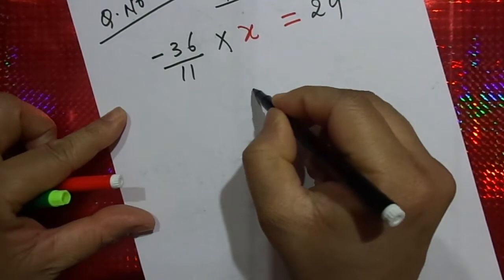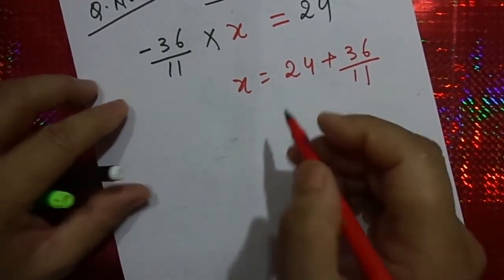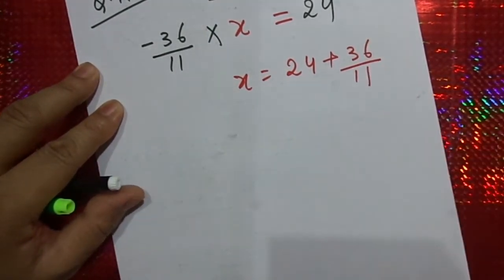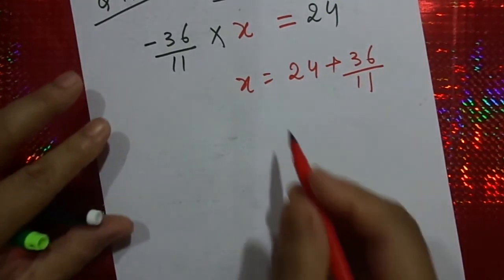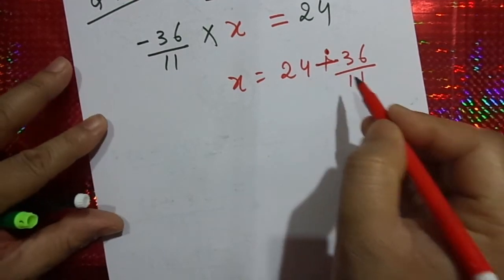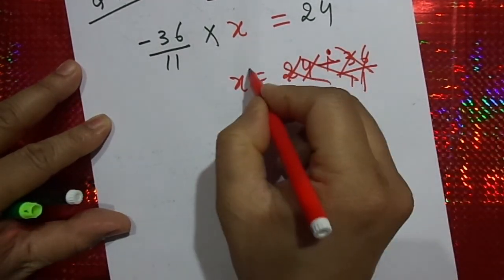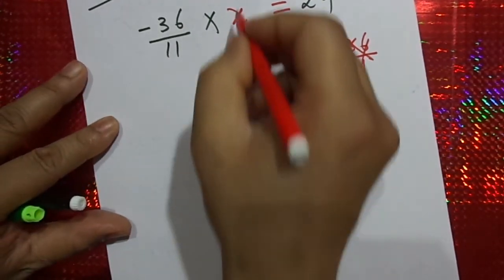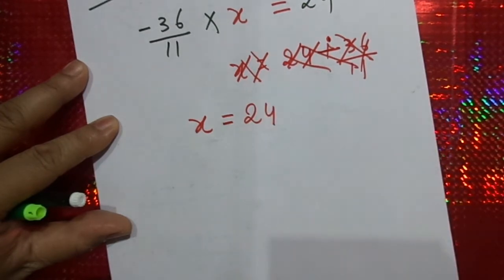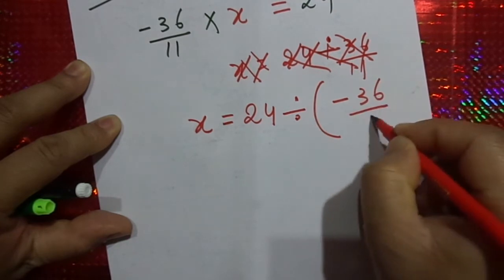So the value of x will be equal to 24 plus 36 by 11. My dear, who said divided by? I think I have made a very big mistake. Why? Because when we find the value of x, it will be 24 divided by minus 36 by 11.